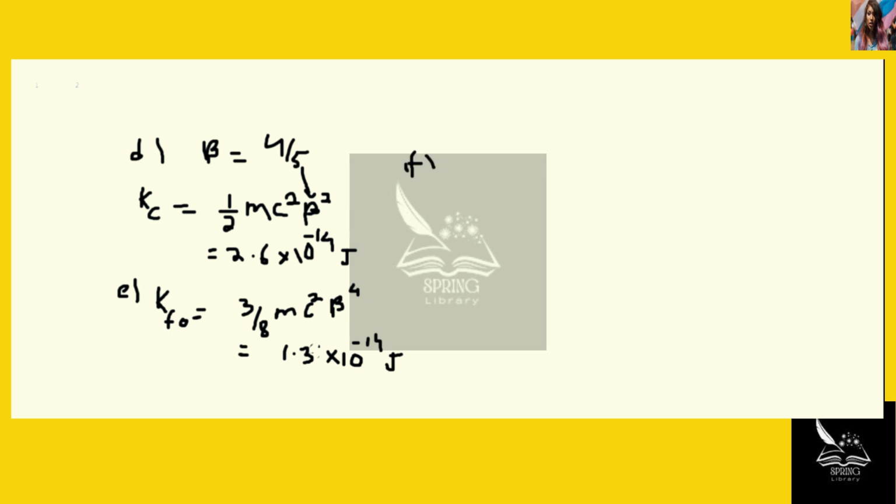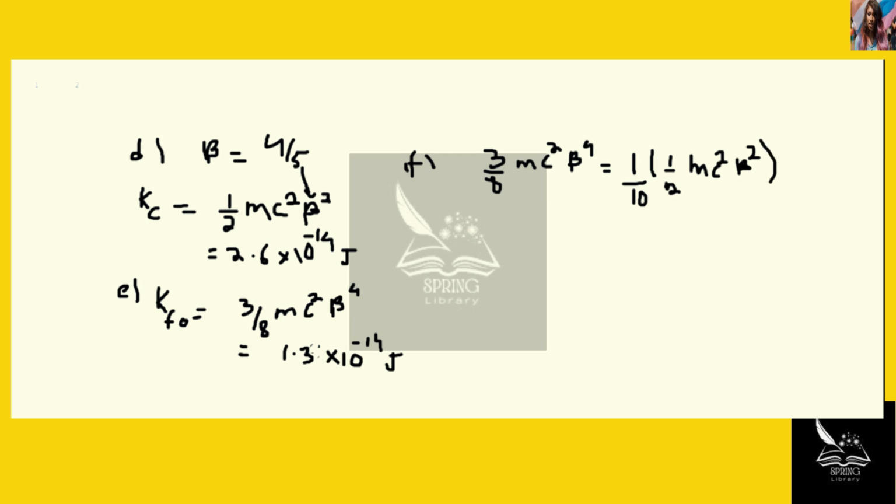Part F, what is beta? So the beta will be, if the first order, 3/8 mc square beta 4, is equal to 1/10 of 1/2 mc square beta square.